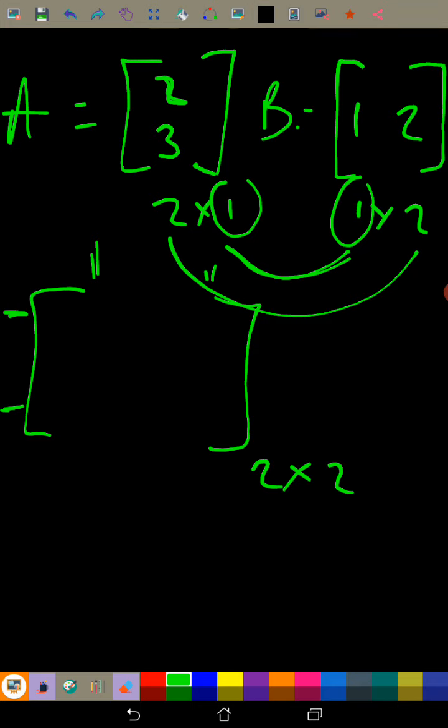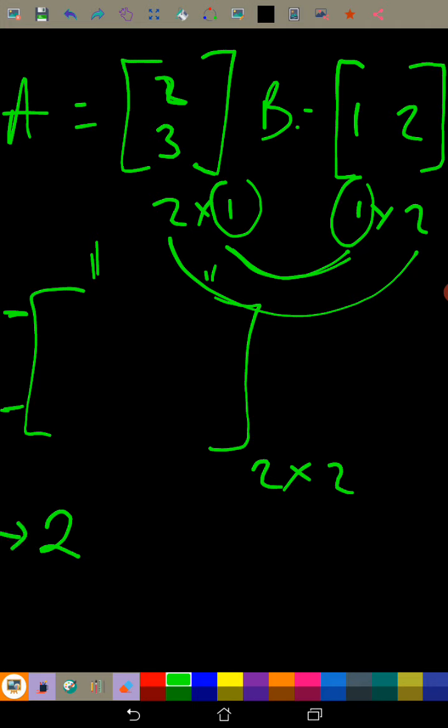Okay, so now we're going to learn how to multiply the two matrices. There is a specific way to multiply. You take the row and multiply by the column.